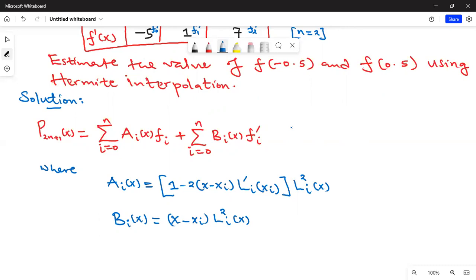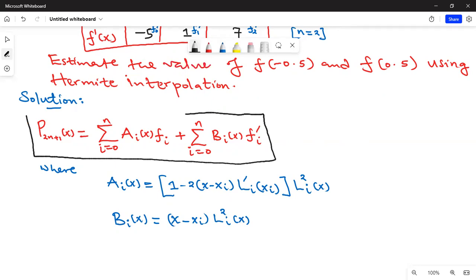Now, look at our interpolating polynomial. Now, for the data that is given, our n is 2. So I want to expand this polynomial when n is 2. So you put n is equals to 2. Let me call this equation star.